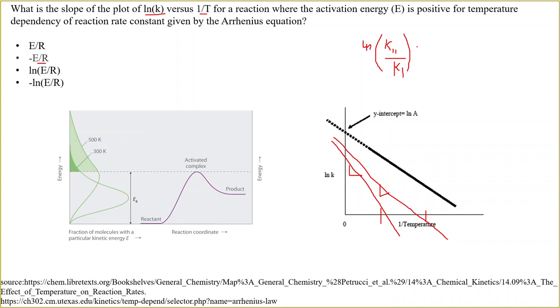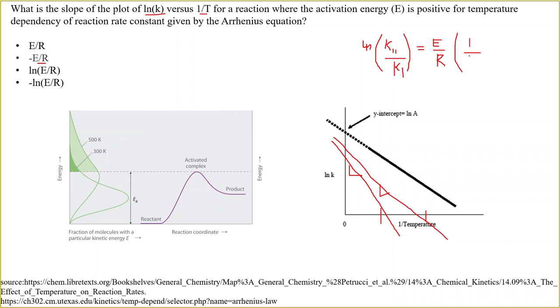So we have E by R, multiplied by the change in temperature reciprocal, as shown in the graph right here.